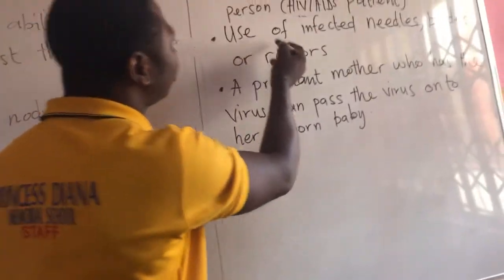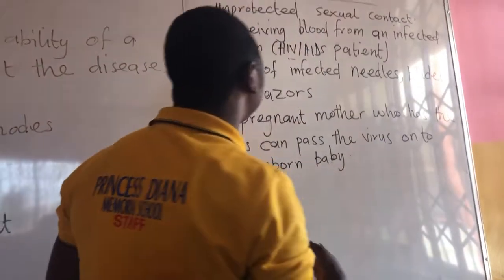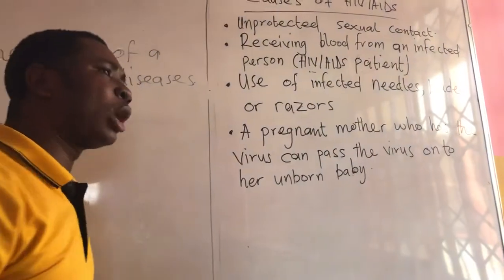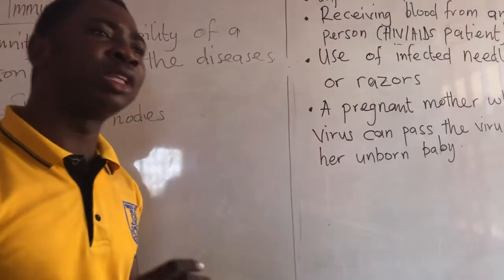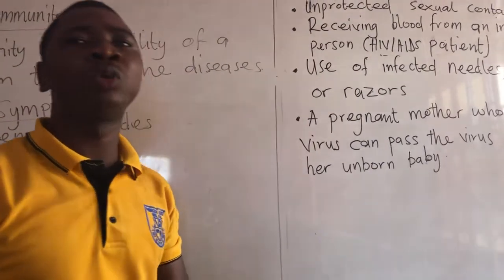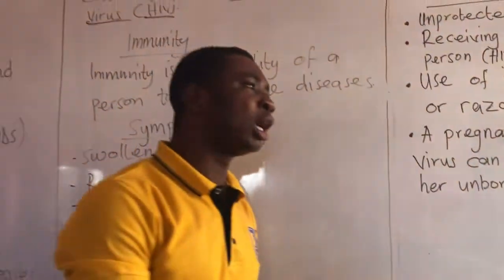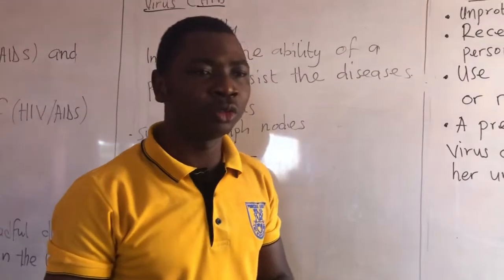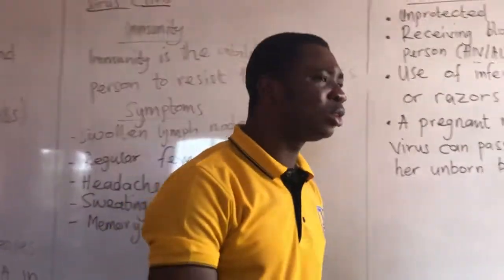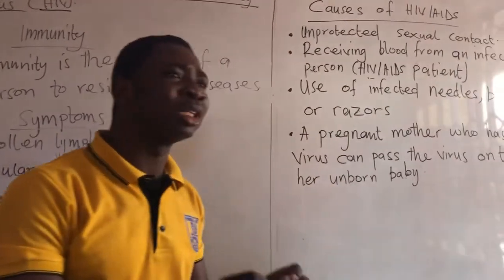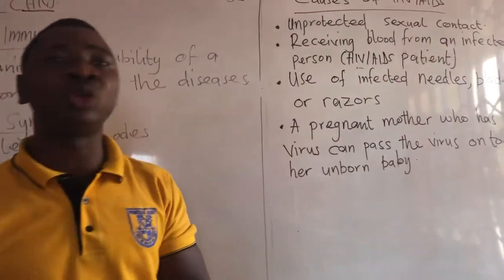Another cause, use of infected needles, blades or razors. When you are using a used blade, it is very dangerous. So make sure that when you want to use a blade, you go and buy a new blade to trim your fingernails. And also needles, don't use needles that have been used by someone you don't know.